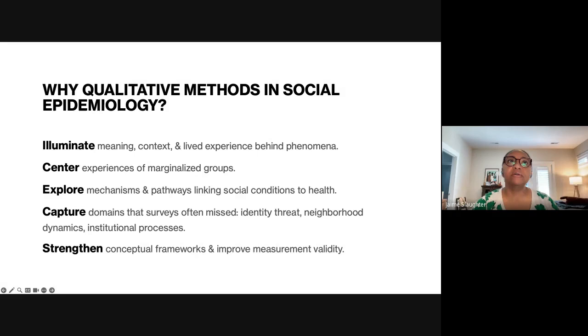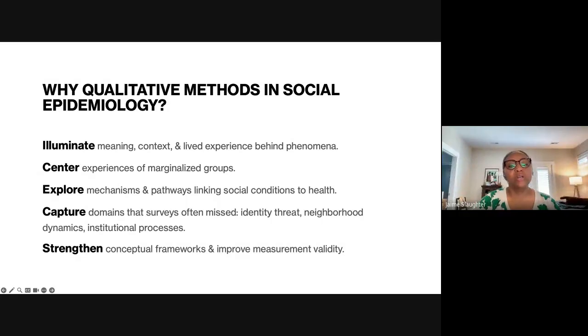But one of the ways that I often think about the way that their voices are excluded is when we have these large population-based surveys or studies, and the marginalized population's numbers may be relatively small, and so the group isn't large enough for us to do subgroup analyses, and so they often wind up being excluded from those subgroup analyses.